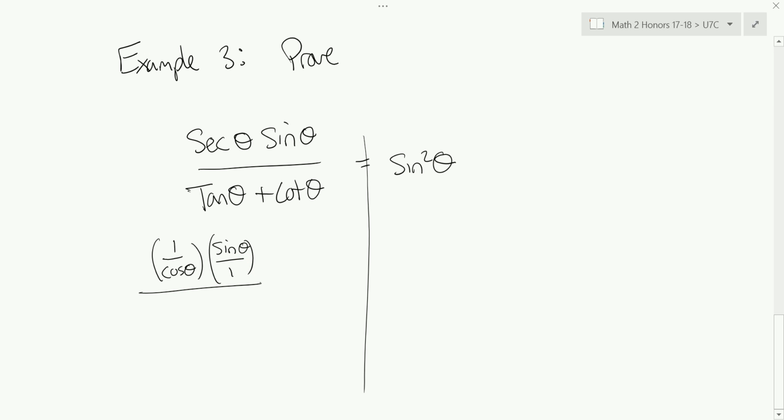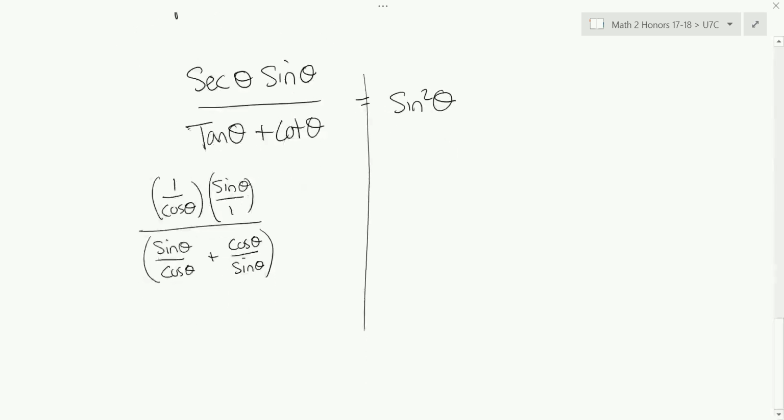And tangent, sine over cosine. Cotangent, cosine over sine. So that's what it looks like to change any basic trig function to putting things in terms of only sine and cosine.